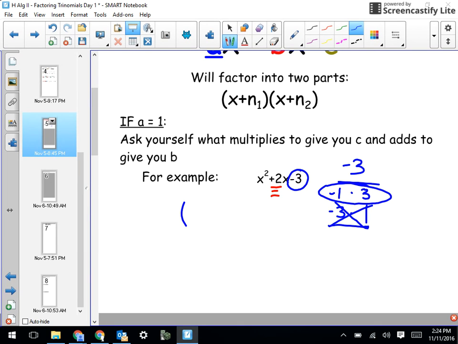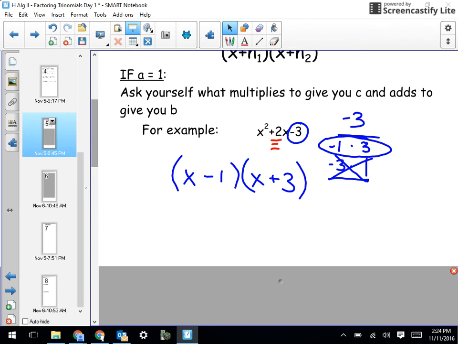So what I'm saying there is that it ultimately gets me to my two factors. X goes in each one of them, and then I've got a -1 and a +3. Now, I can create myself a little foiling problem to check my answer.